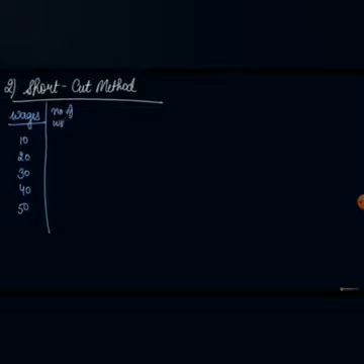Now understand the shortcut method. We will solve the same question, that is of wages, using the shortcut method. Wages are 10, 20, 30, 40 and 50. Number of workers are 4, 5, 3, 2 and 5.